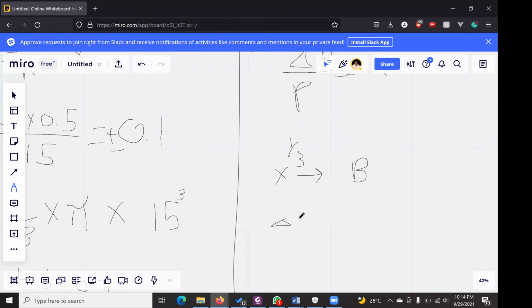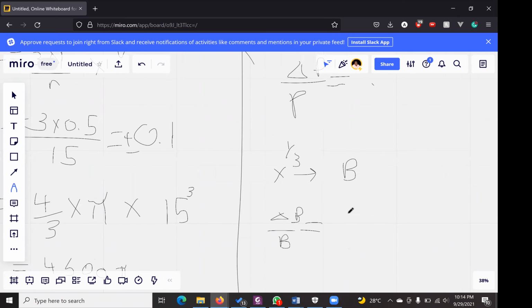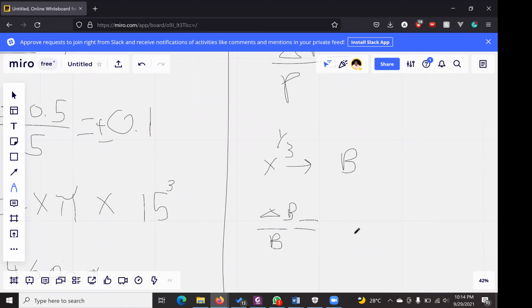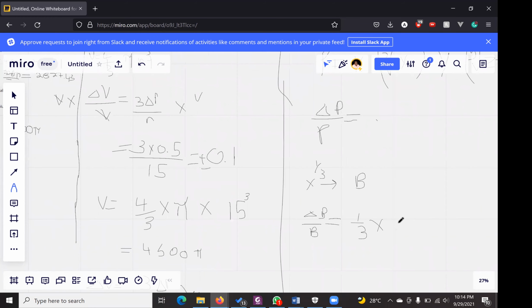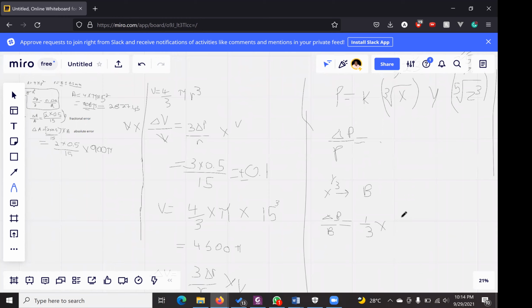Delta b over b is equal to, this is just to demonstrate something to you, 1/3, which is the power, times the error that they gave you over the absolute value.